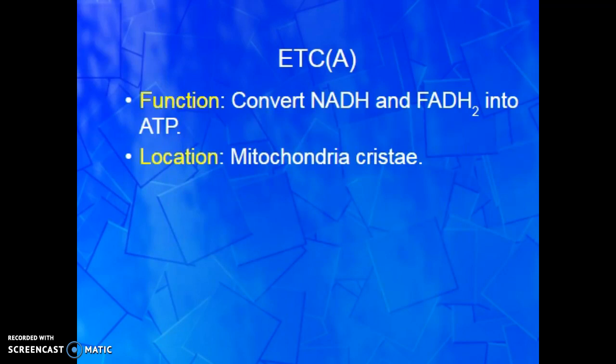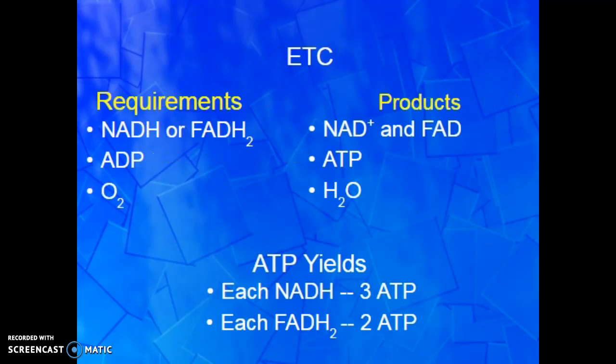So the function of electron transport is to convert NADH and FADH2, which came out of the last step, into ATP, and it happens in the inner folds of the mitochondria. What you should notice is that the mitochondria is attempting to take the scraps of an earlier process and make something out of it. We're going to take the leftovers from glycolysis, pull them into the mitochondria, and make some more ATP out of it.